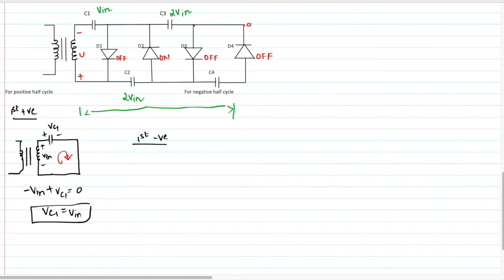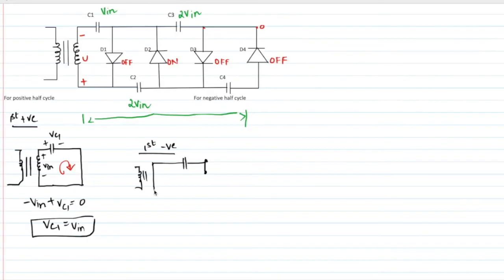Now I will redraw the circuit. Capacitor, this is open. Now this capacitor, this is closed. This you don't have to draw because it is open. So just consider this alone, C1, C2, and this side.